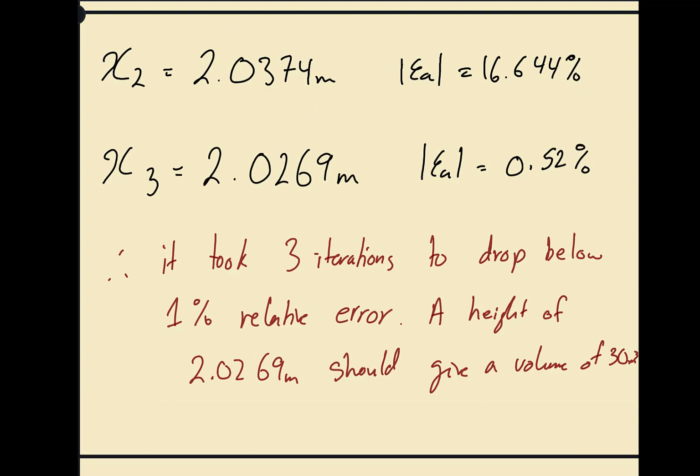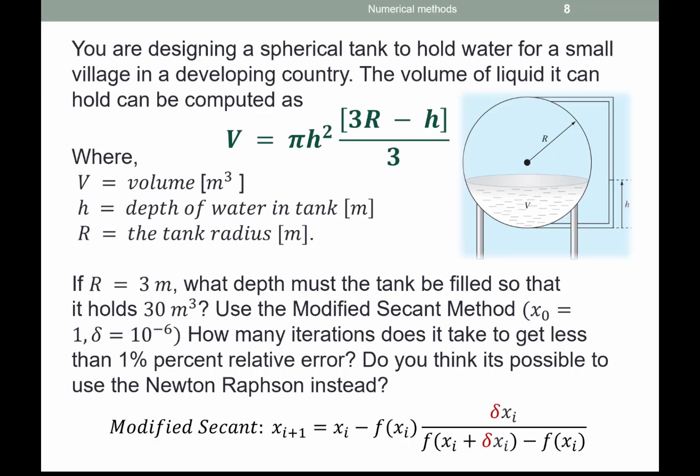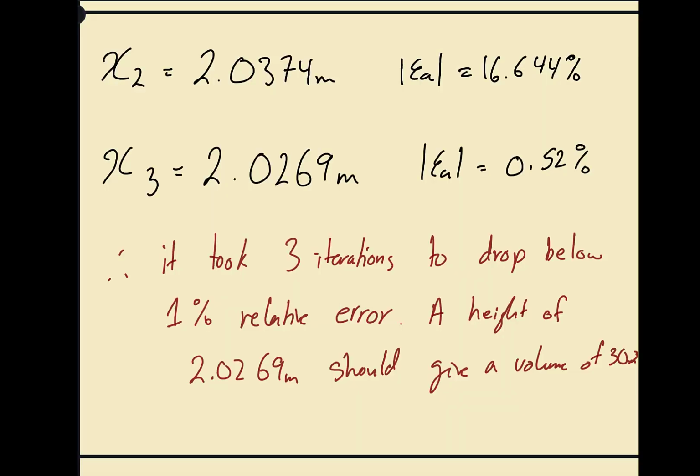So the second part of the problem says, do you think it's possible to use the Newton-Raphson instead? So what's the condition that we need for us to use the Newton-Raphson? So can we find the first derivative? Let's see.